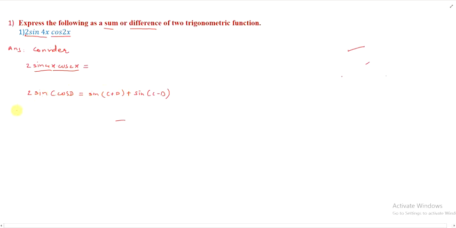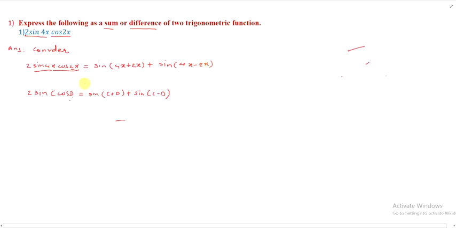Hence, by using this formula, we can write 2 sin 4x cos 2x, where c is equal to 4x and d is equal to 2x. Therefore, it is equal to sin (4x plus 2x) plus sin (4x minus 2x).